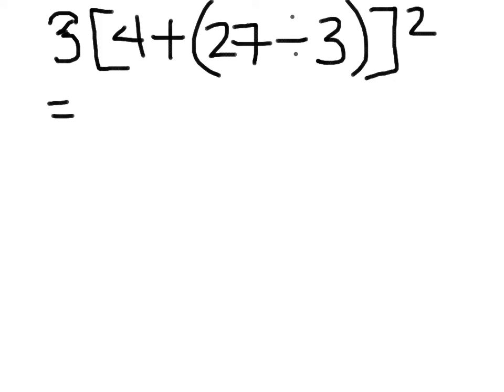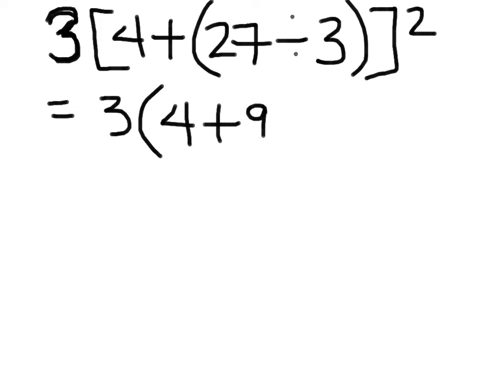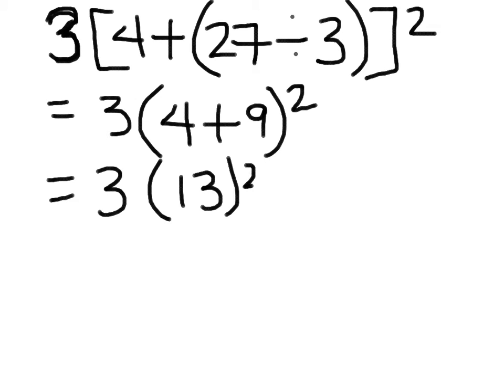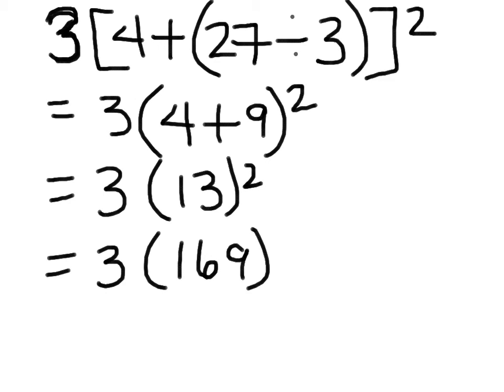And Chase has 3 times the quantity 4 plus 9 all to the power of 2. And then that equals 3 times 13 to the power of 2. That equals 3 times 169, which equals 507. All right, so that's his answer.